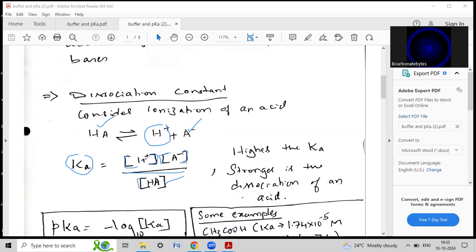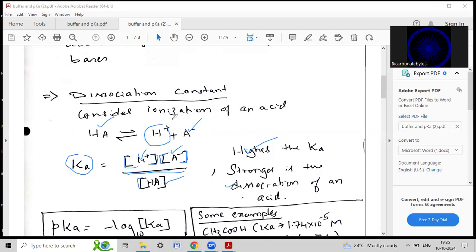And the higher the Ka of an acid, the stronger the extent of dissociation of the acid, simply implying that it will be relatively a stronger acid compared to something which has relatively lower Ka dissociation constant. Okay, it's as simple as that.